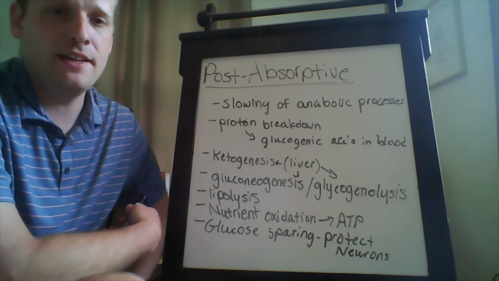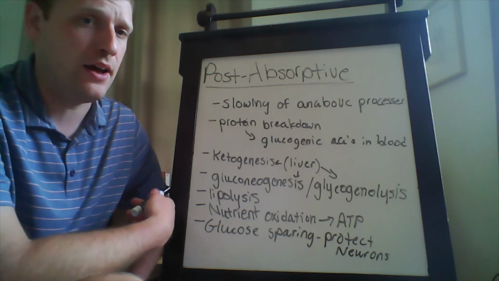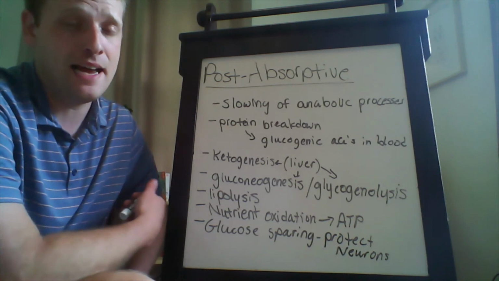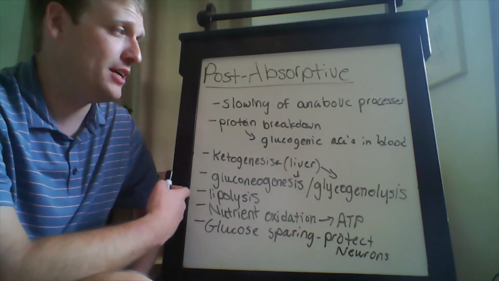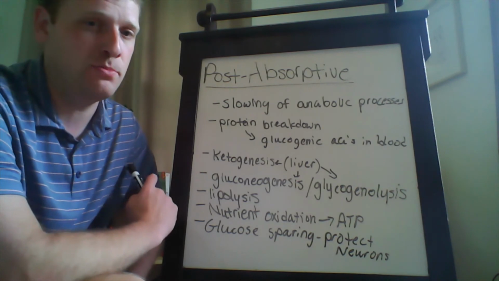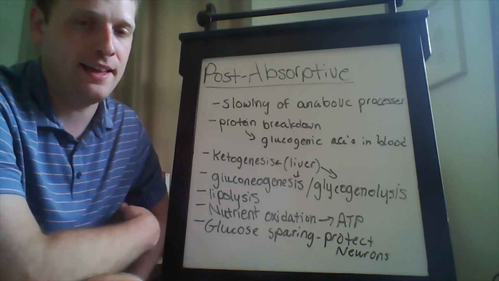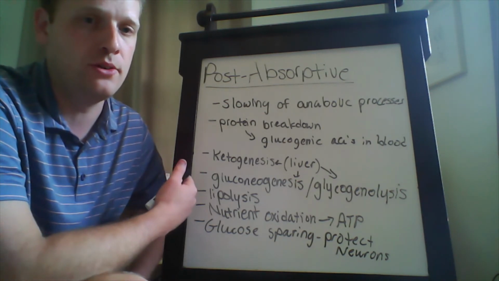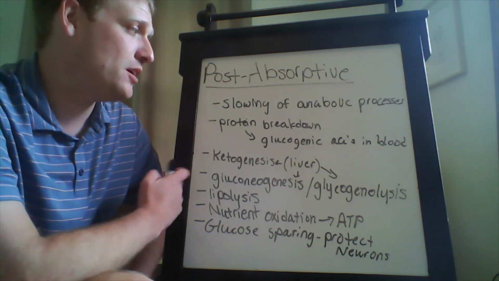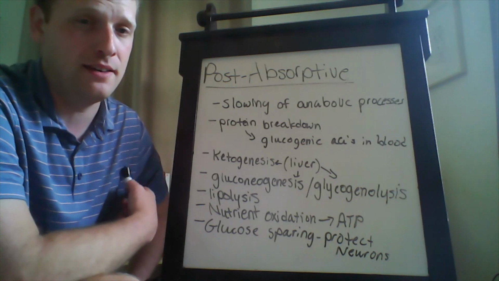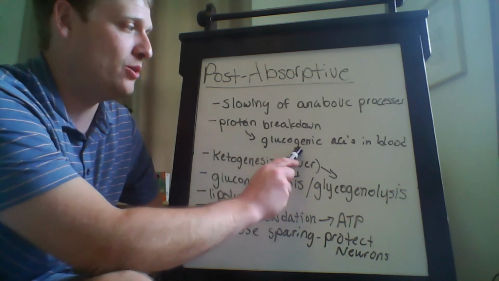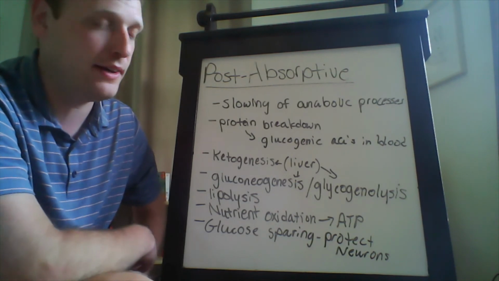You're also going to have proteins being broken down, not necessarily so that they can be catabolized directly for energy, but indirectly because some of those amino acids in those proteins are glucogenic. They can be used to make new glucose, which can then be catabolized to make ATP. So proteins do provide a potential source of energy through release of those glucogenic amino acids into the blood.